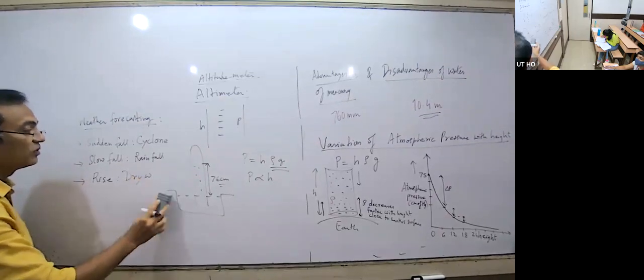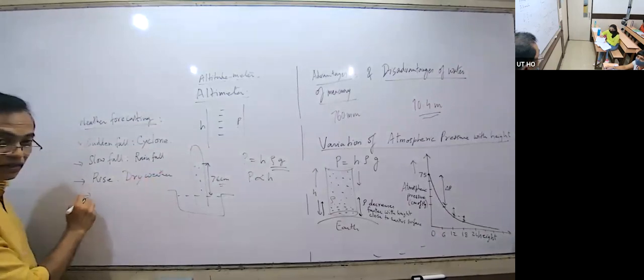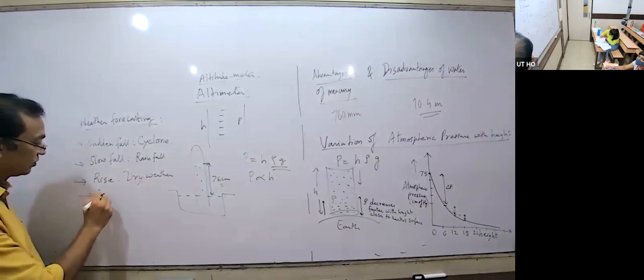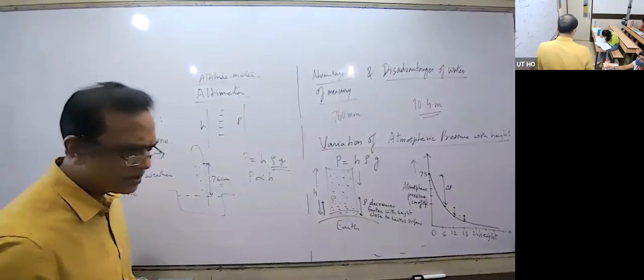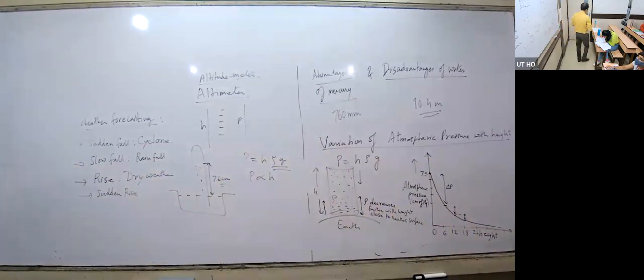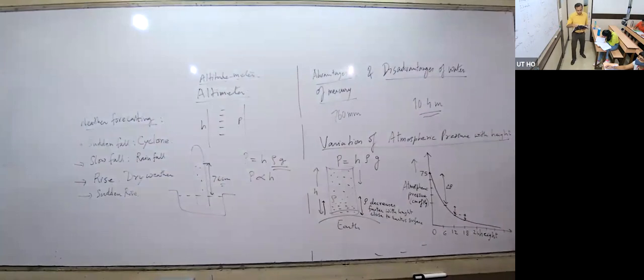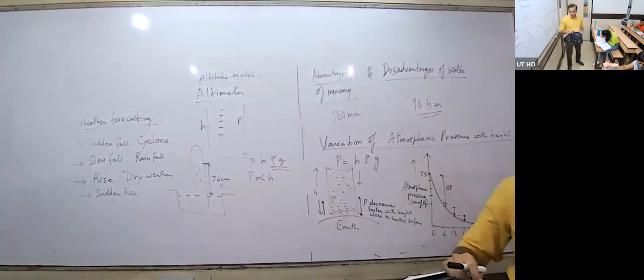A sudden rise means extremely dry weather, right? And no rise means fair weather. So a sudden rise in the barometric height means extremely dry weather.